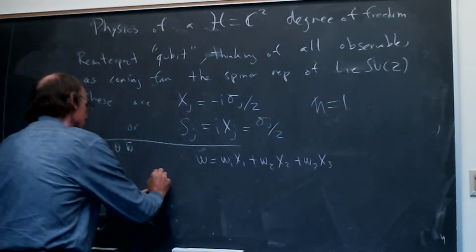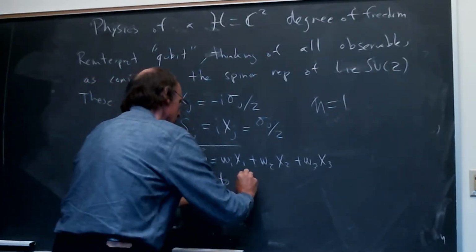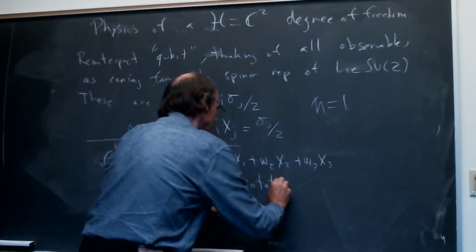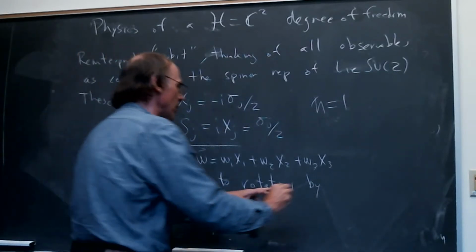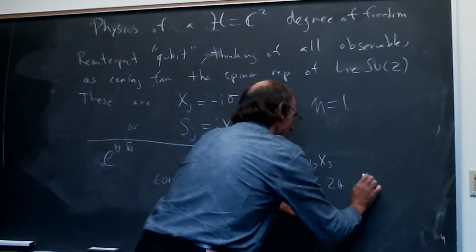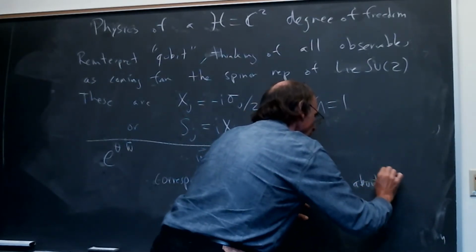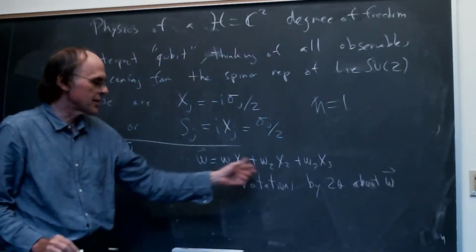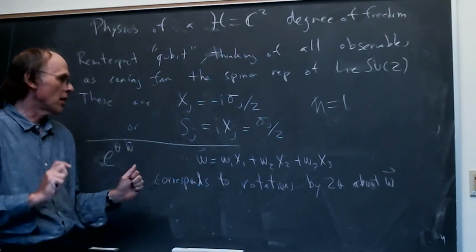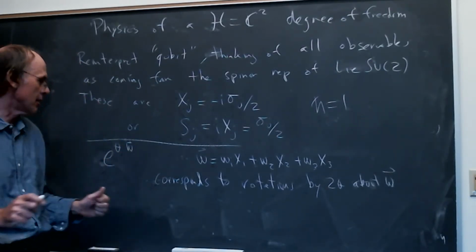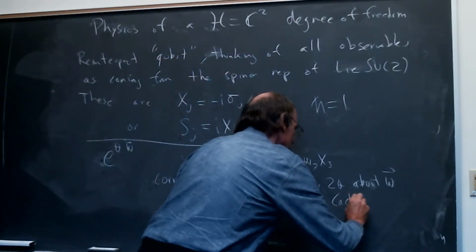Of course, this corresponds to a rotation by two theta about the vector w. And remember that when you're doing this calculation it involves conjugation; it acts on vectors by conjugation. So this is the action on vectors.